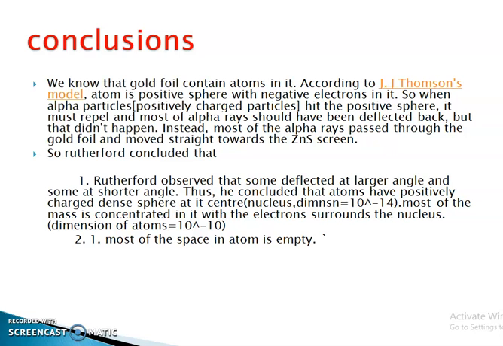He concluded that atom has a positively charged sphere at its center, that is called a nucleus, and its dimension is about 10 raised to minus 14 meter. So most of the mass is concentrated in this nucleus and the electrons surround the nucleus. This was their second conclusion, that there exists a center nucleus.